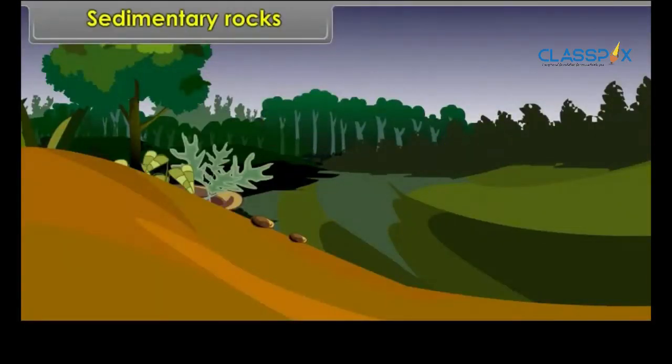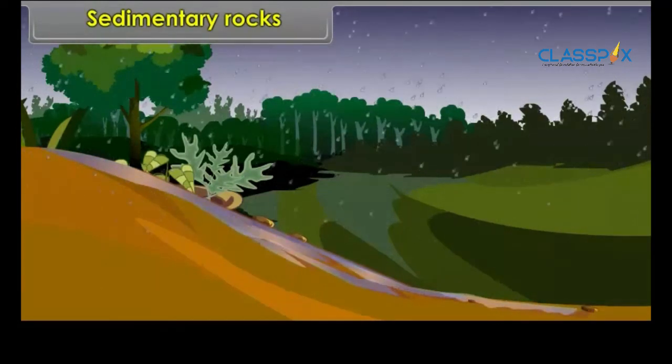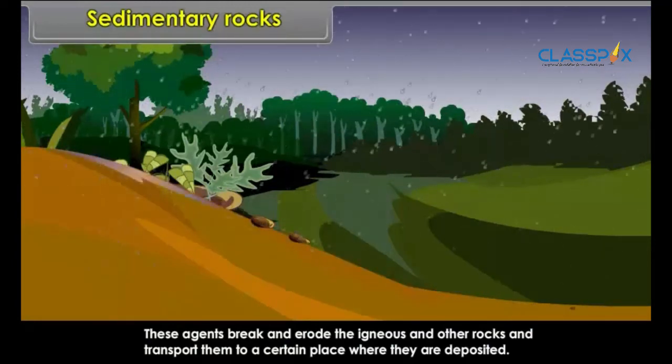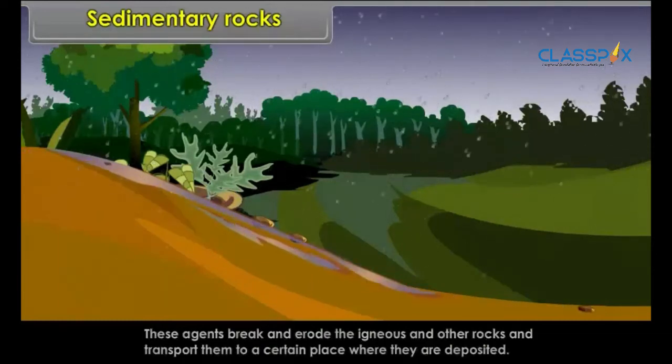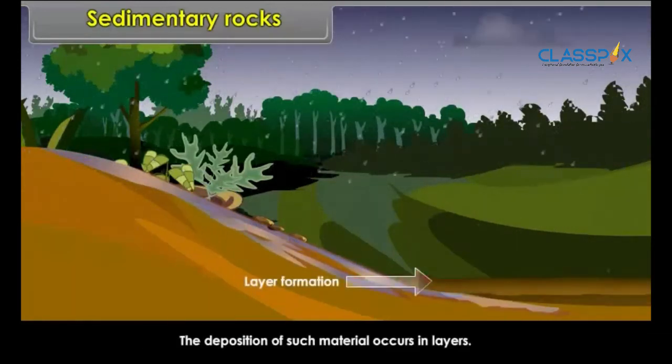Sedimentary rocks. Sedimentary rocks are those rocks which are layered or stratified, and they are formed by the agents of running water, wind or glacier. These agents break and erode the igneous and other rocks and transport them to a certain place where they are deposited. The deposition of such material occurs in layers.